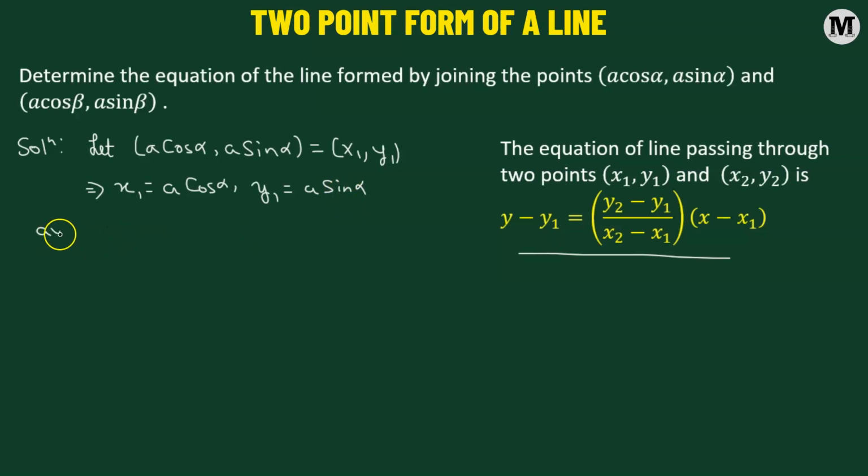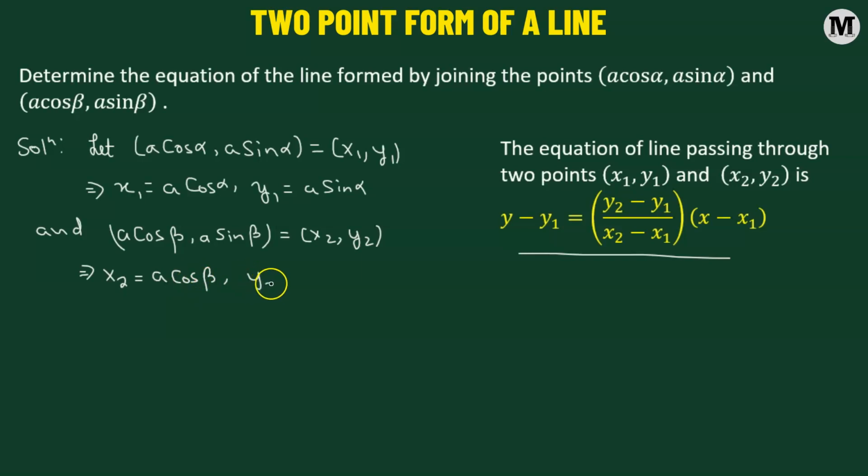Then we consider the other point, a cosine beta, comma a sine beta, equivalent to x2, y2, which implies that x2 equals a cosine beta and y2 equals a sine beta.